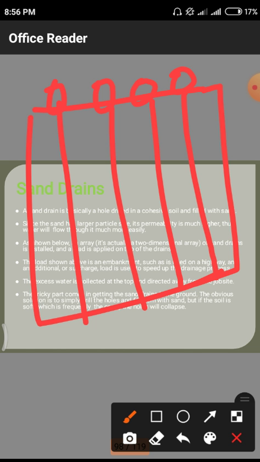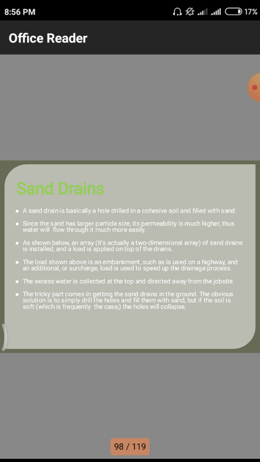In this diameter we have to drive out the material available, and in those same holes we pour the sand. Whatever sand is available in the field or surrounding areas, we carry it and fill it in the holes, so that the total sand is filled in the hole. The water content present in the field is absorbed by these sand drains.